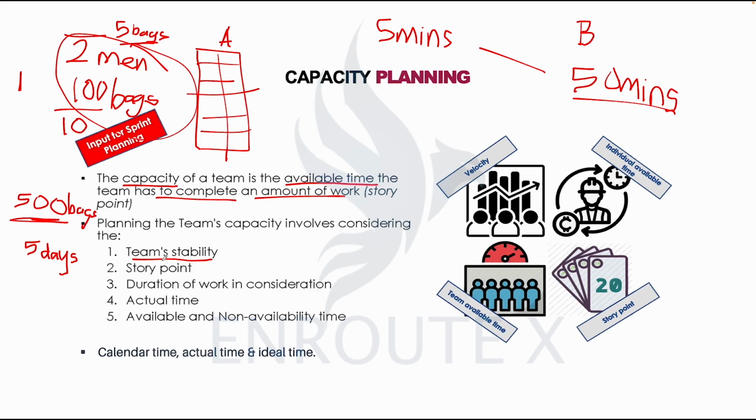That means the team stability has been impacted. So what the team would be able to do would be lower, right? So they'll be only able to do half the work, because 2 men had now been reduced to 1 man. That is talking about the team stability, right?